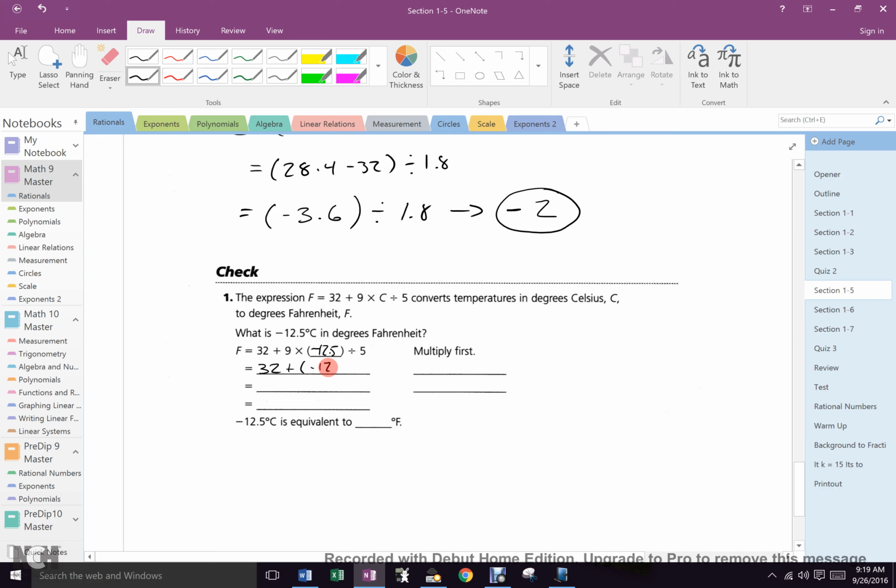9 times negative 12.5, what is that? Negative 112.5, right? Divided by 5. Now what do I do? What's my next step? Remember, this is your thinking over here. I have an add and I have a divide. What do I do next? Divide. Can you do 112.5 divided by 5 in your head? So what do you use? What is it?